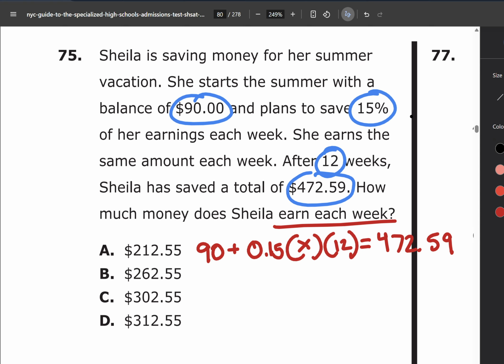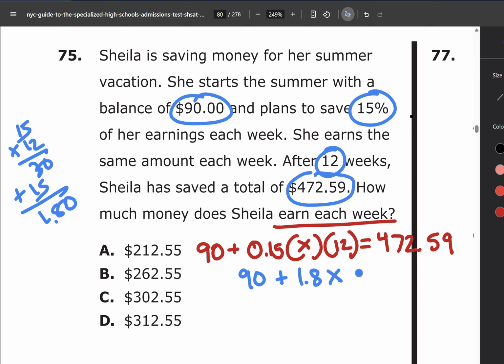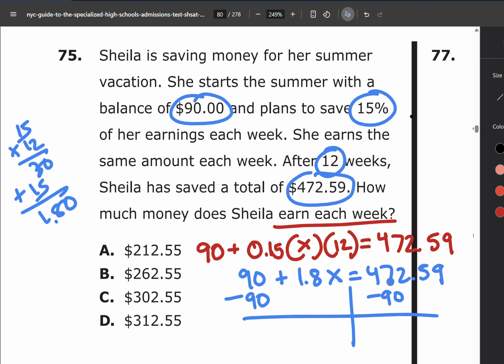And we're going to skip a few steps. So 90 plus 0.15 times 12. Easy way to do this: 15 times 12 is 30 plus 150, 180. 180 times, we're going to put that decimal point there. So 90 plus 1.8x is equal to 472.59. And then the next step, obviously, is to subtract 90 from both sides, which we've done.